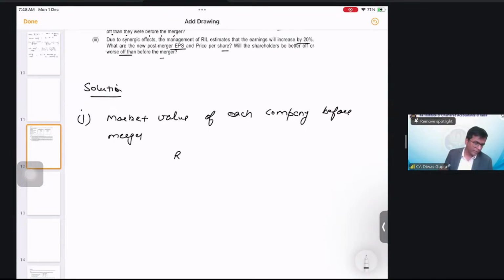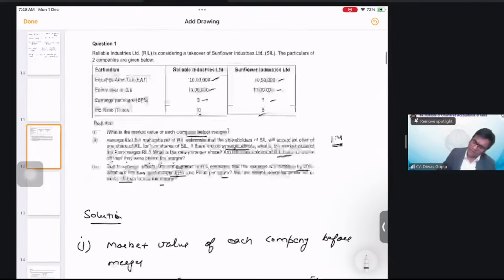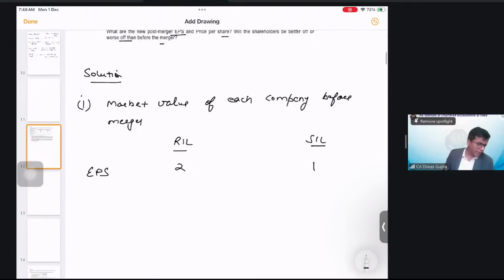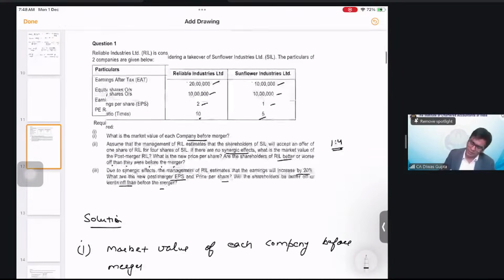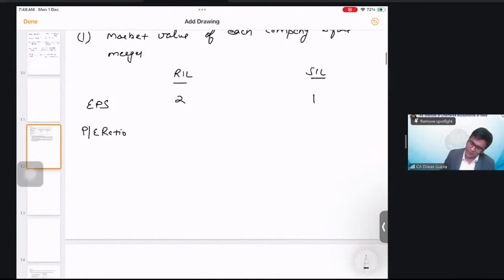We will just take both the figures here. EPS rupees 2 and 1. This is given in the question, students. Okay. Then PE ratio. The PE ratio is actually 10 and 5. Okay.